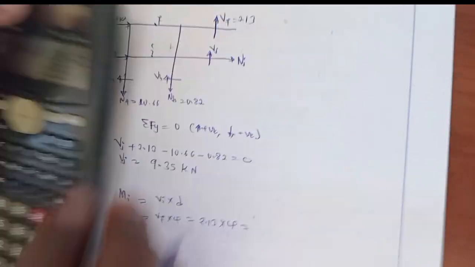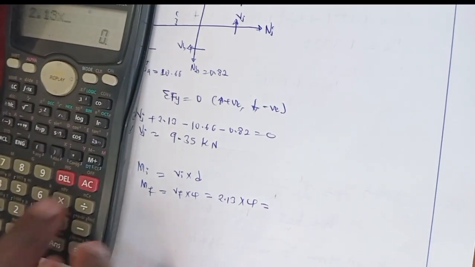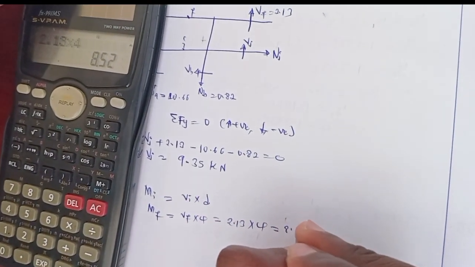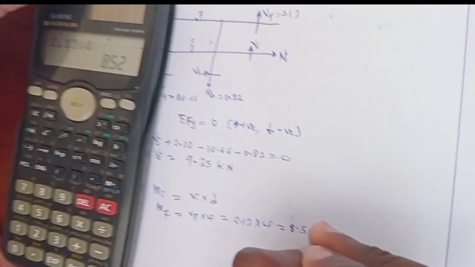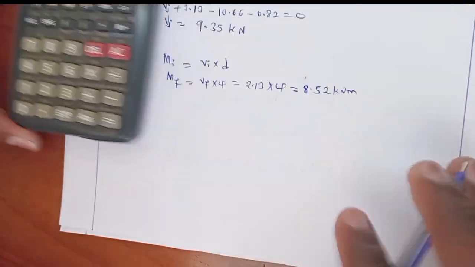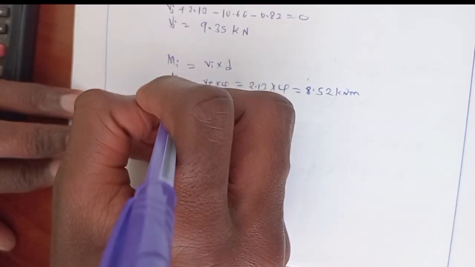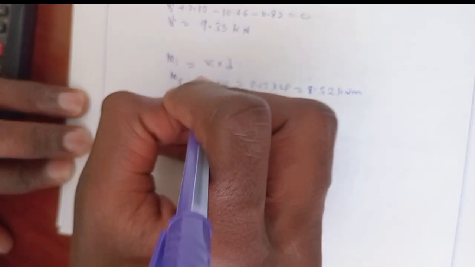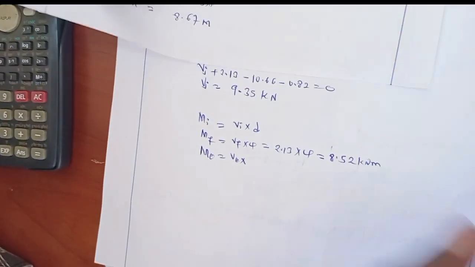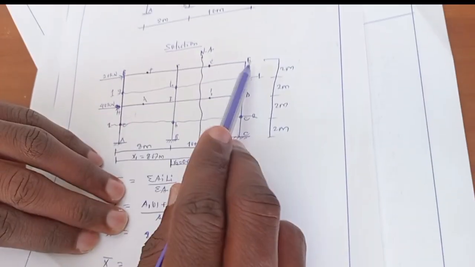VF was 2.13 times 4. It will be 8.52 kilonewton meter. ME will be VE times distance. From this point to this point is 10 meters.